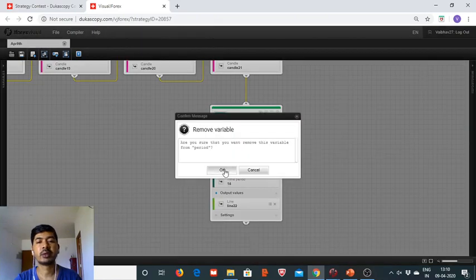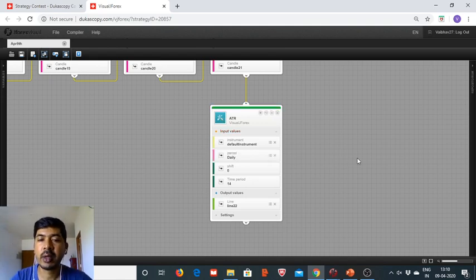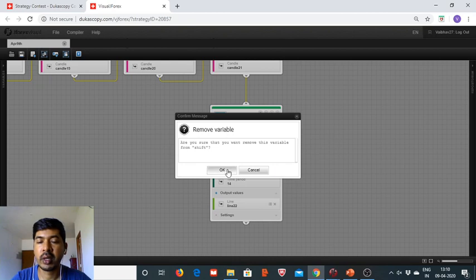ATR is like average true range, and an instrument is trading differently in different times, so that's the reason to take the ATR.